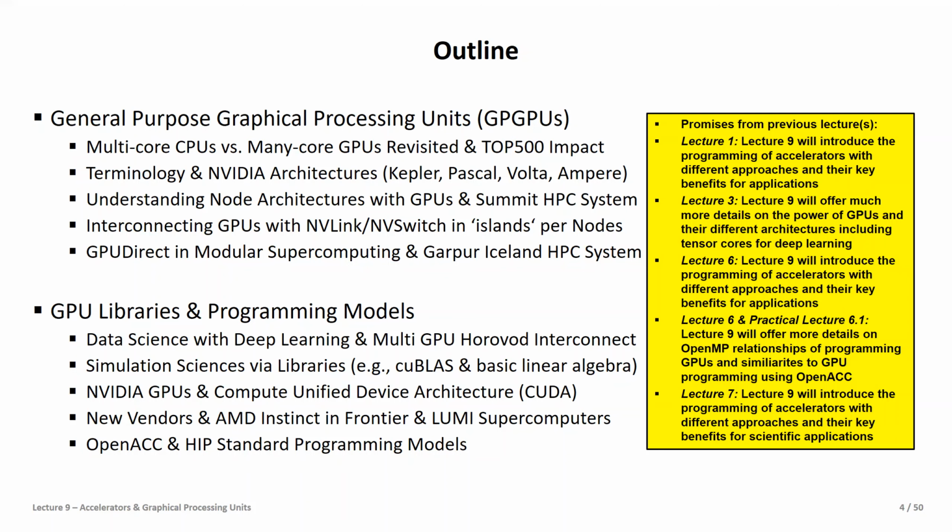We will hear more of this when we have the dedicated lectures around data science, which are lecture 10, practical lecture 10.1 given by Gabriel Cavallaro, and also practical lecture 10.2 given by Rocco Sedona. But here, this is really the first lecture on GPUs to get a better understanding of what it's about.